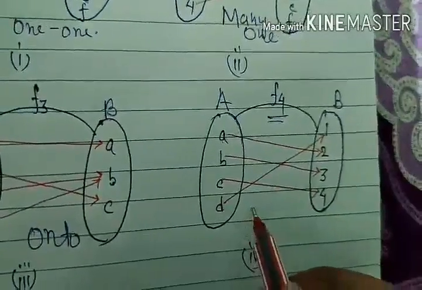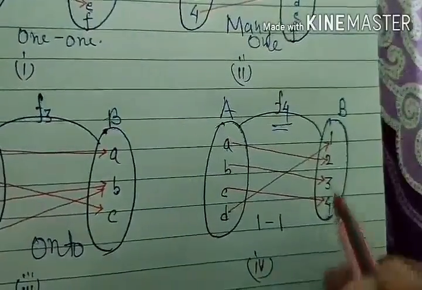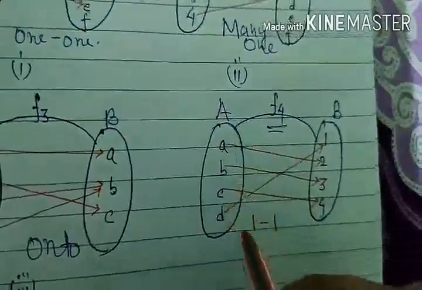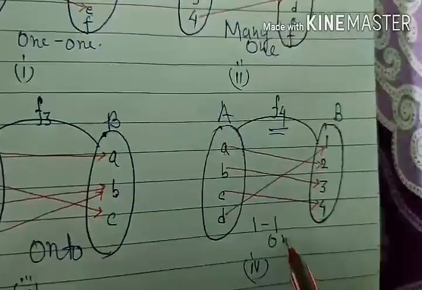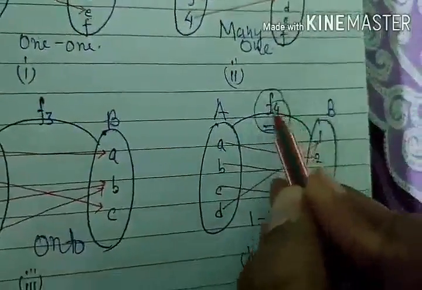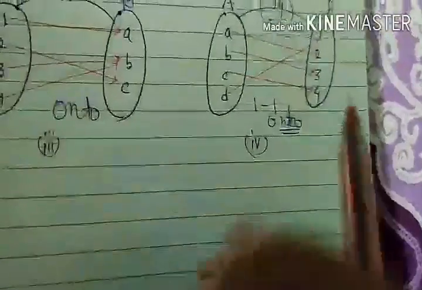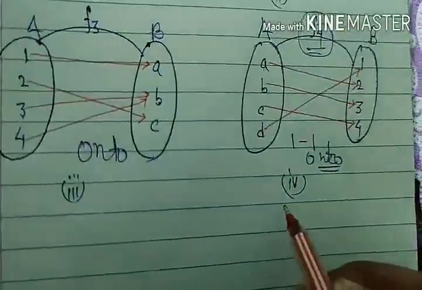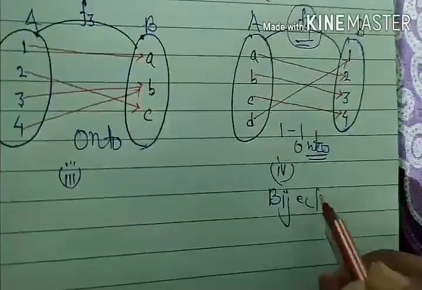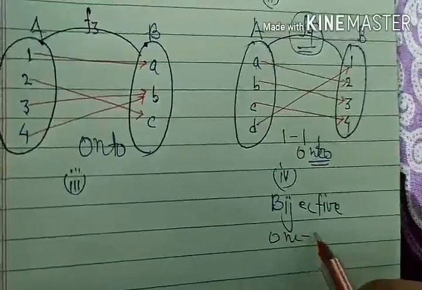So this is a one-one function, and because each element of B has a pre-image in A, we call it an onto function. So this function F4 has two properties together, one-one and onto. This kind of function we say is a bijective function or one-one onto.